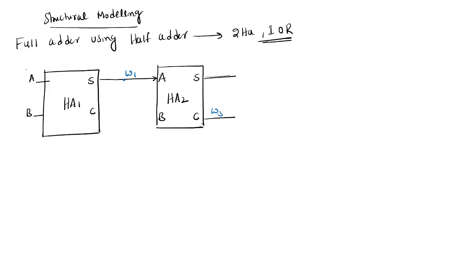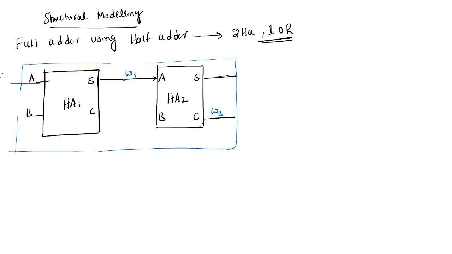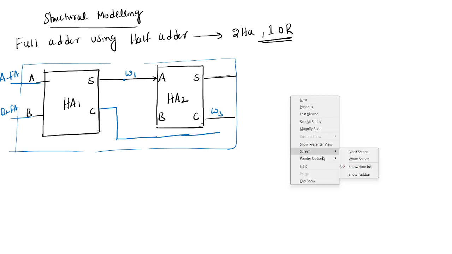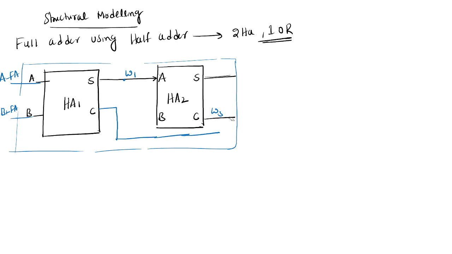So I am writing this under the top module. The inputs are A underscore FA and B underscore FA, and C is given as one more input.